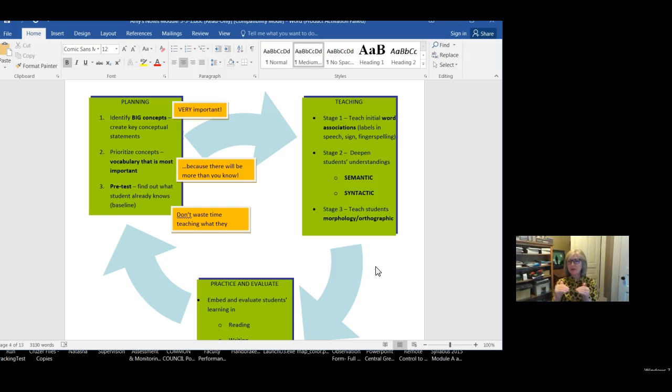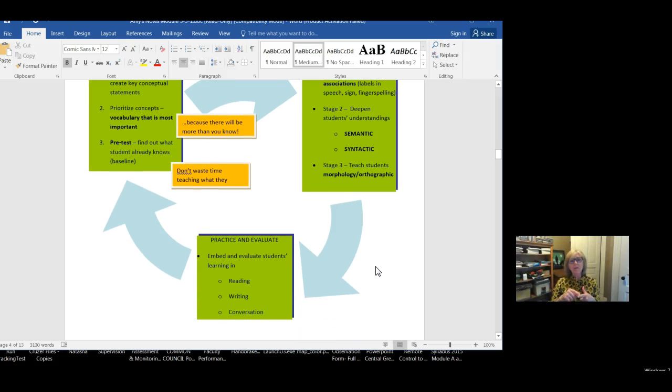Then the third stage is really teaching students about the structure of the word, and so the meaning parts and some of the visual parts that they recognize. It's where you talk about root words and prefixes and suffixes.